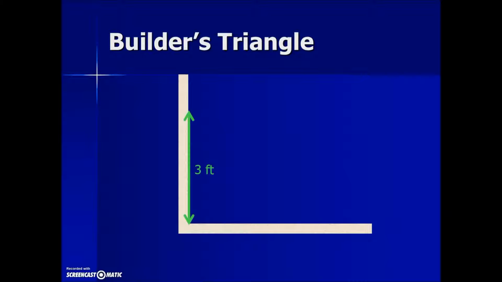Here we have a wall that's length 3 feet. An adjacent, hopefully perpendicular, wall has a length of 4 feet. And if these walls are perpendicular, forming a right angle, the hypotenuse should have a length of 5.